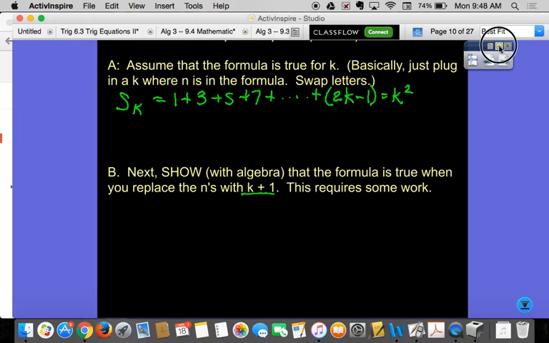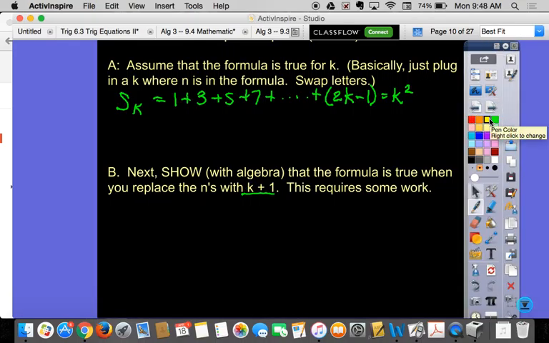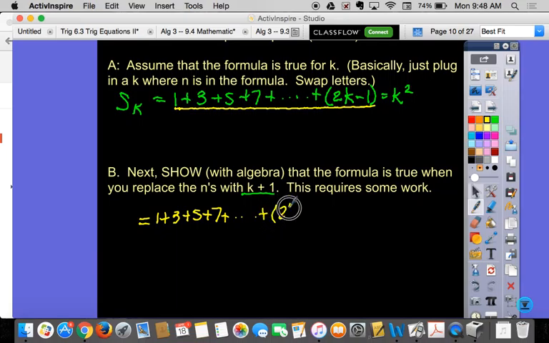So, what this involves is on this left part, where you actually have the sequence, you're going to write your sequence just like it is, blah, blah, blah, and you're going to write the 2k minus 1, but you're going to add your k plus 1 term. So you have to add the k plus 1 term here on the left side.